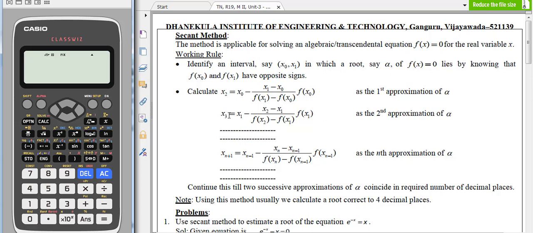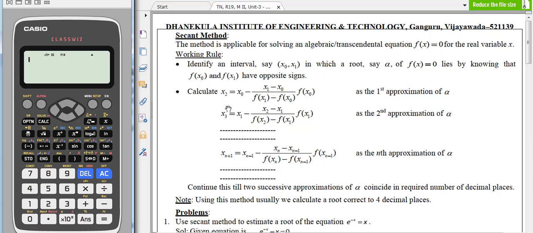So whenever bracketing of the root is not necessary, we use the x2 value directly, and as this formula requires two values to iterate, we use x1 and x2 to get the next approximation x3, which provides the second approximation of alpha. So x3 will be in terms of x1 and x2, and in general xn plus 1 will be in terms of xn minus 1 and xn, and it provides the nth approximation of alpha.